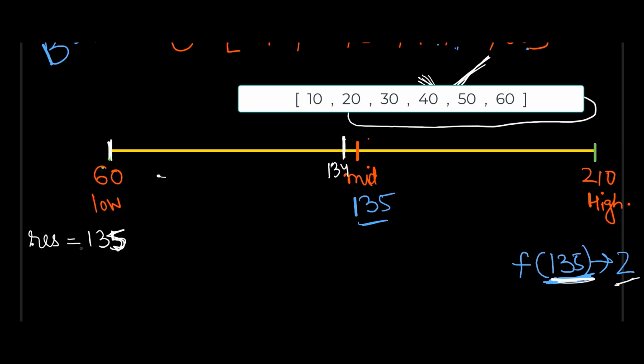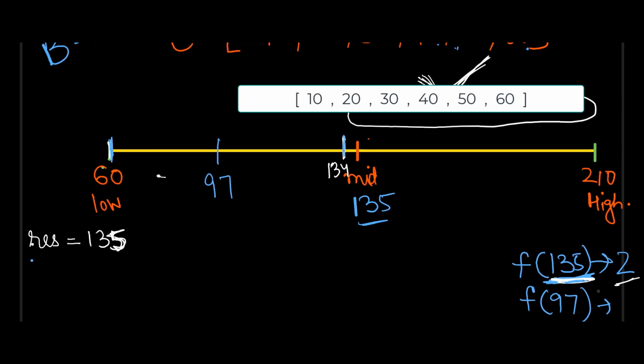Till now, we have calculated for F(135) and our result will be 135. Now I have gone for 60 to 134 where mid is 97, so I'll be calculating for 97 and I need to check whether two painters are enough for this part or not.